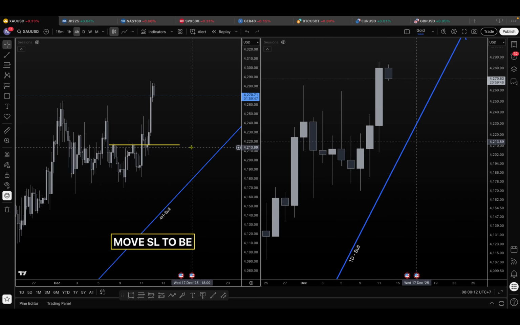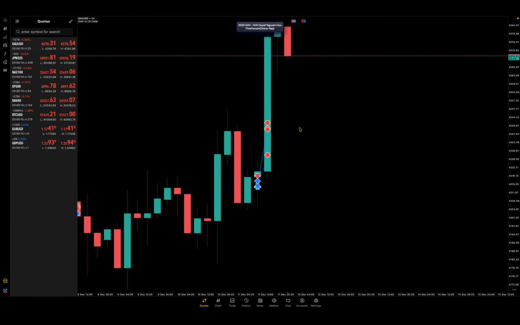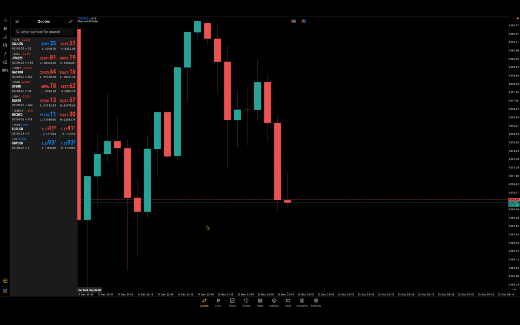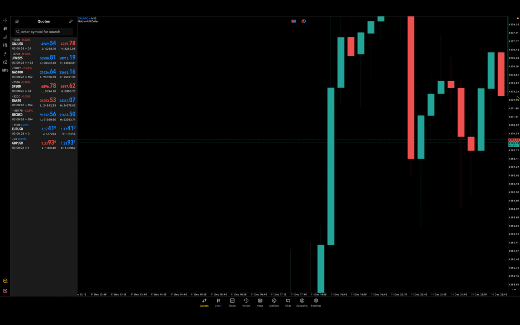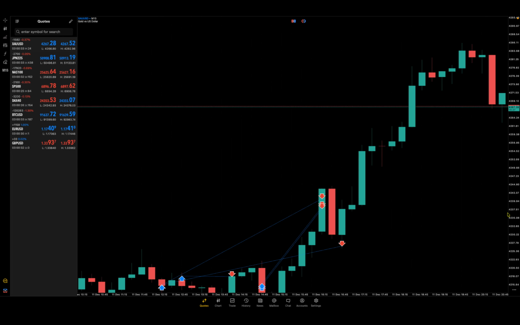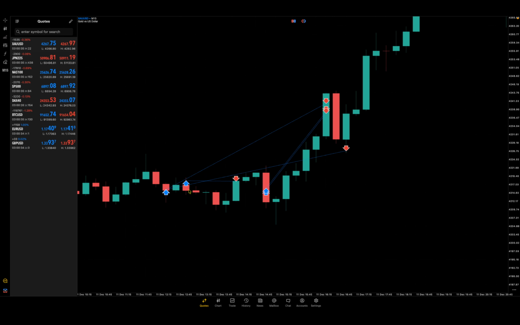Oh, I want to show you how the trade actually happened here. This is the 4-hour time frame, and let's go to 15 minutes. This is my entry. I had one bad entry here, so when the price breached again, I closed it and re-entered around here.